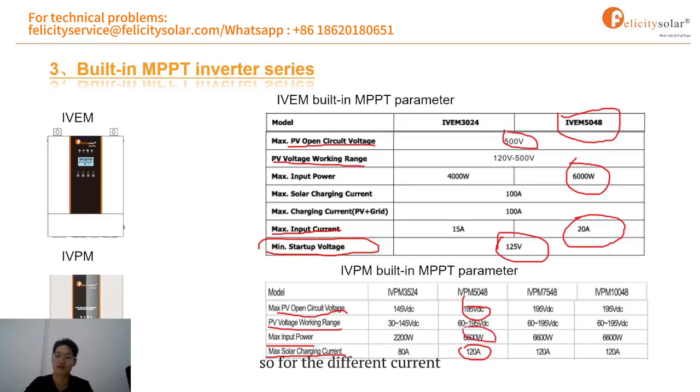For the different current, the power is also different. It's 6,600. So that's all for the MPPT of Felicity Solar.